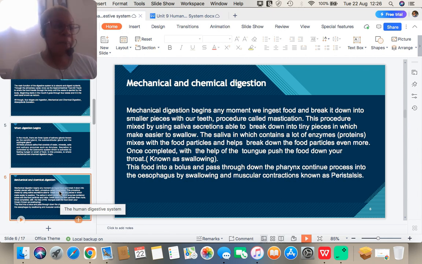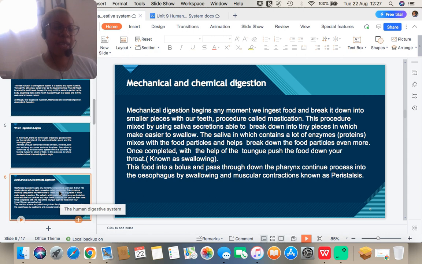Mechanical digestion begins the moment we ingest food and break it down into smaller pieces with our teeth, a procedure called mastication. Using saliva secretion, the food is broken down into tiny pieces, which makes it easier to swallow.